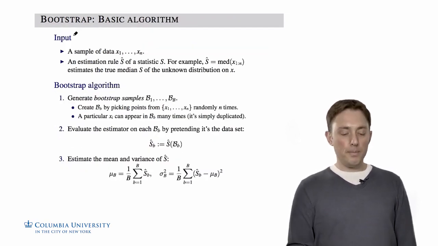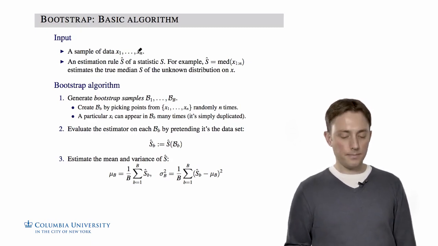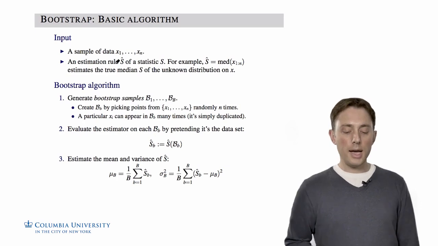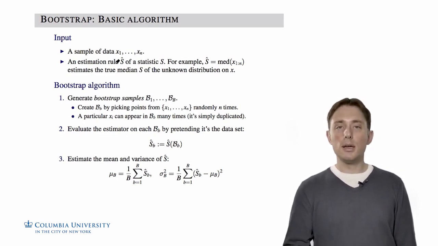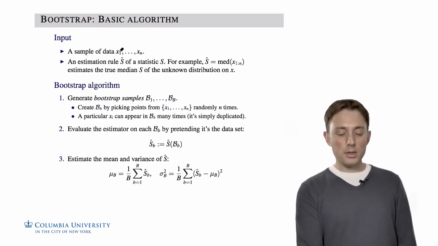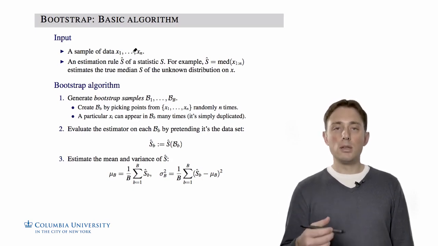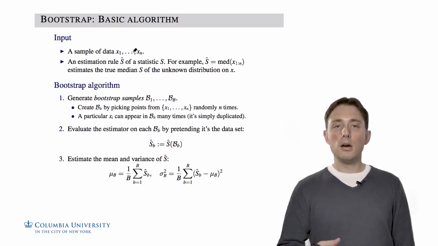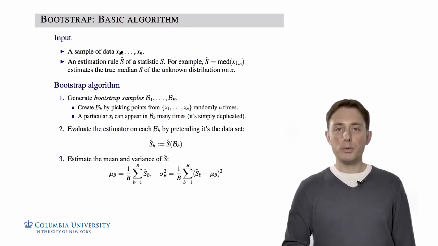What we have as input is a set of data, x1 through xn, and also an estimation rule, S hat, of a particular statistic, S, that we're interested in. So for example, our data set could be x1 through xn, and we might be interested in learning the median of the true underlying distribution that generated this data. So we don't care about the median of the actual data that we have.